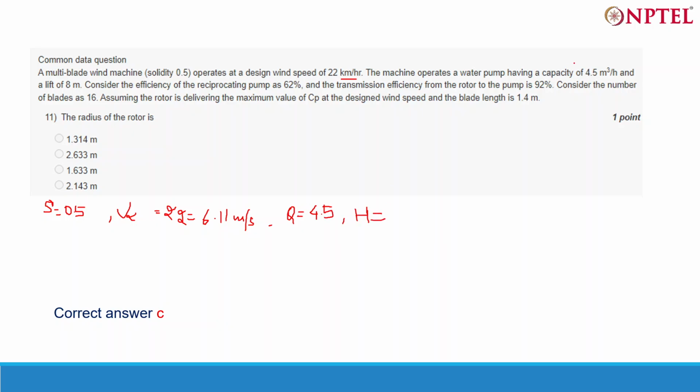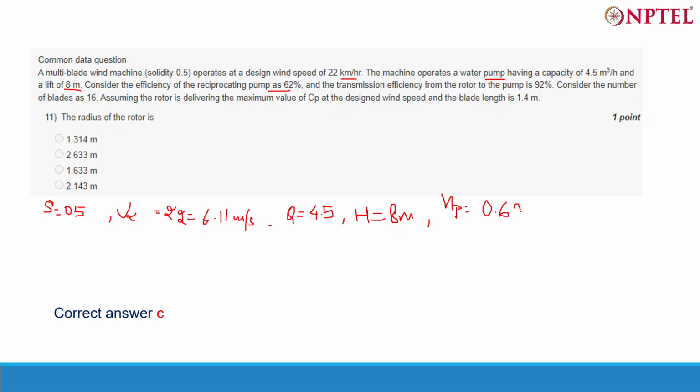Okay, and the second thing is lift. How much is the lift? The water pump is operating. So how much is the lift given? 8 meter. Okay. Now the second thing is the efficiency of pump is required. So I am writing eta P as the efficiency of pump, as a fraction.